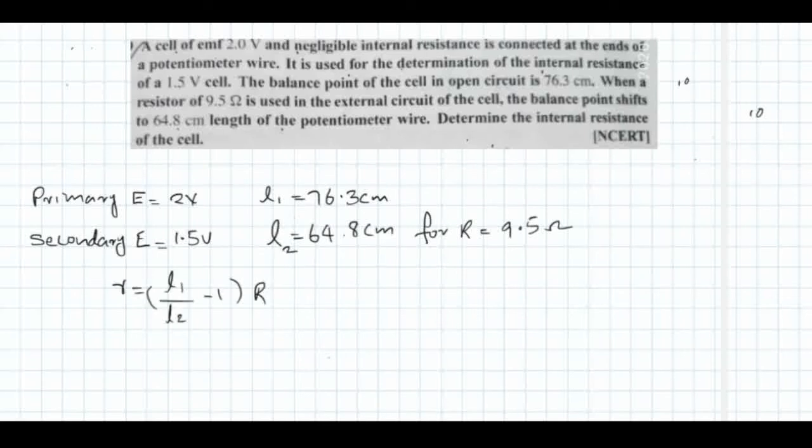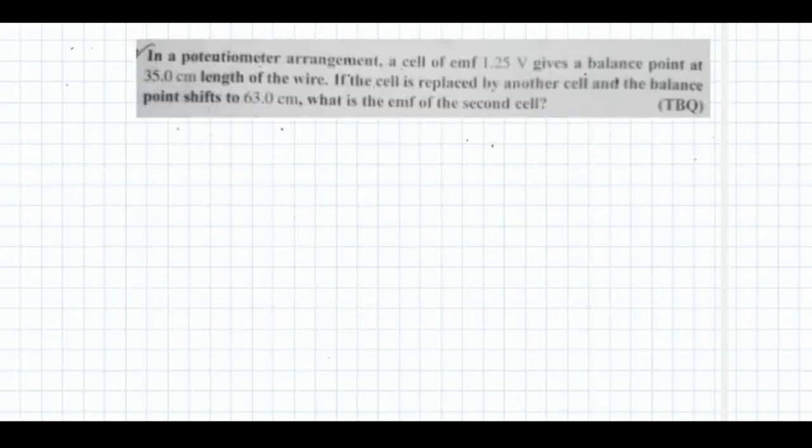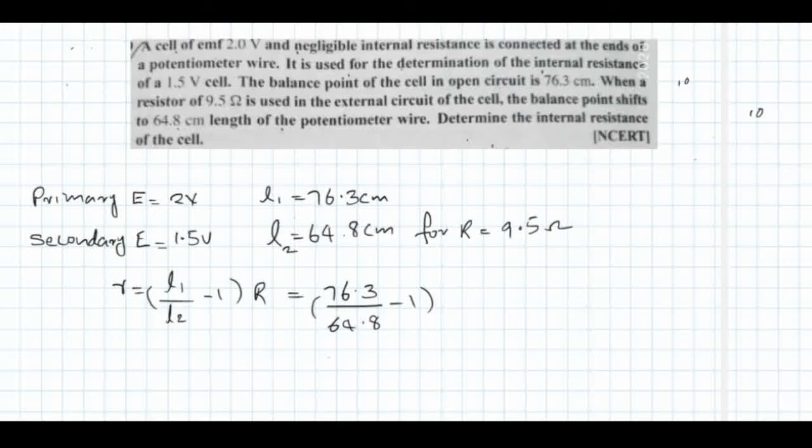From this we can find the internal resistance from the equation r is equal to (L1 by L2 minus 1) into R. All the values are given here: L1, L2 and R. On substitution and solving, we get 1.177 as the value of 76.3 by 64.8.